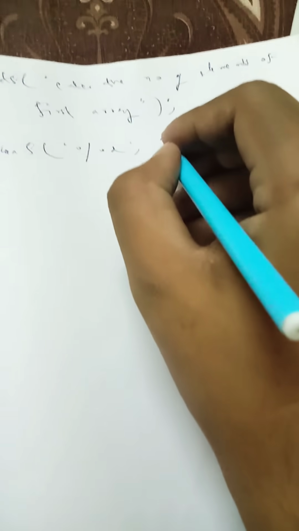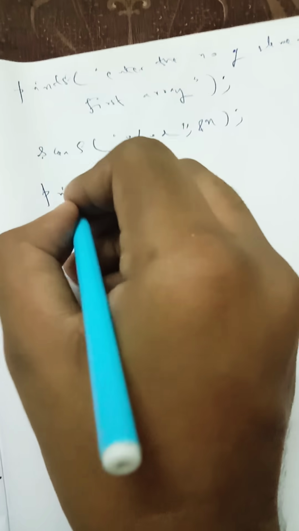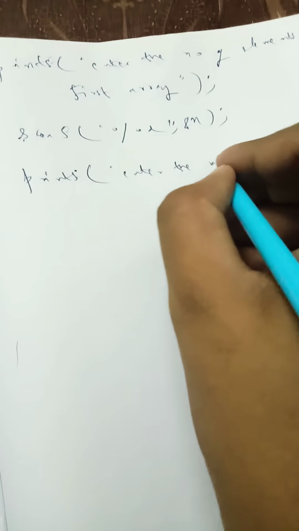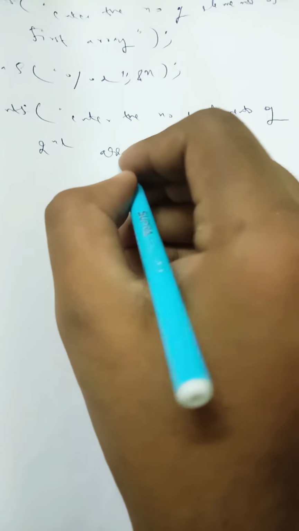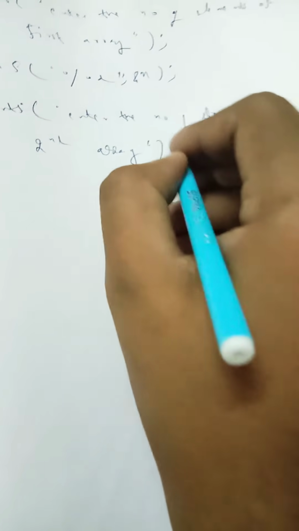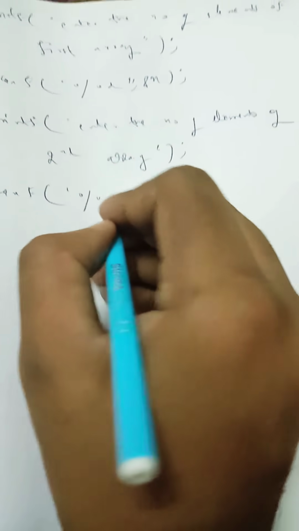The first array size will be n. Now enter the number of elements of the second array, and scan it as m.